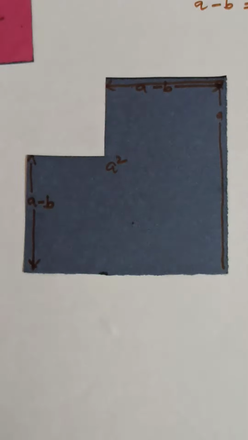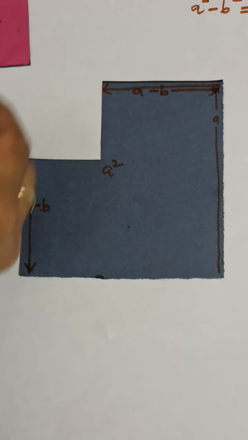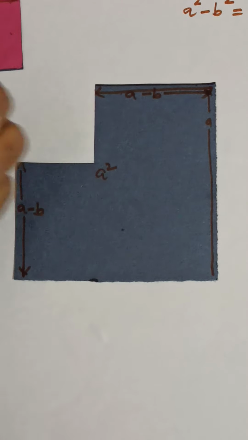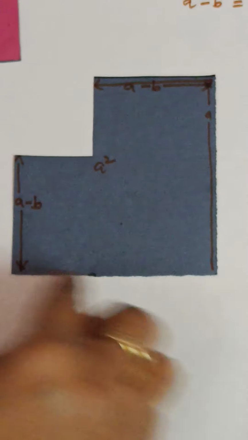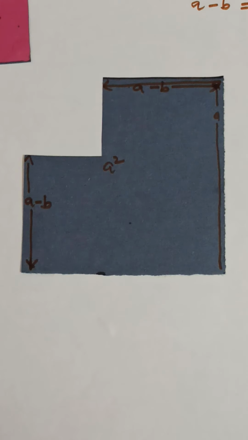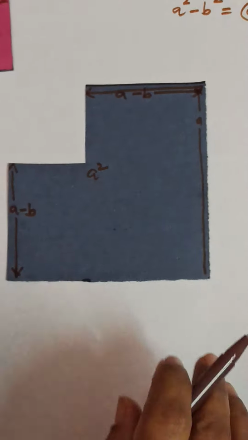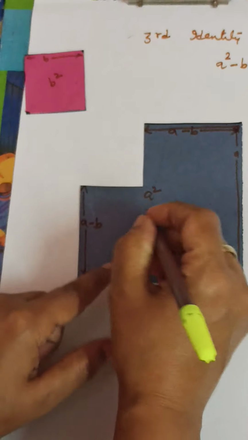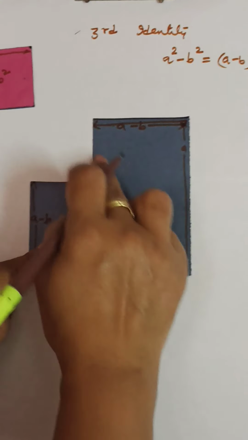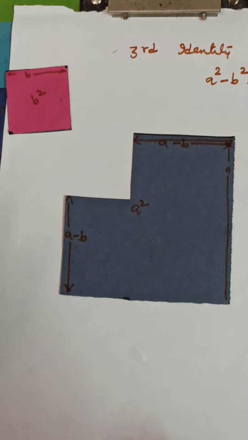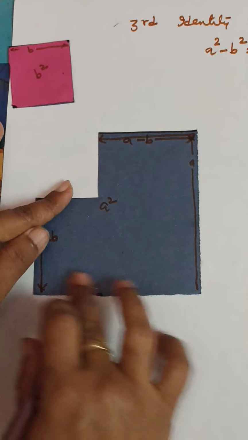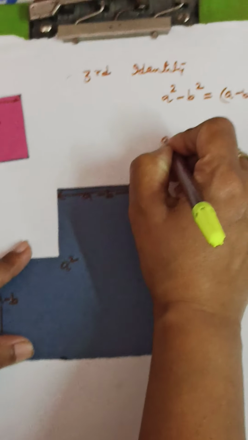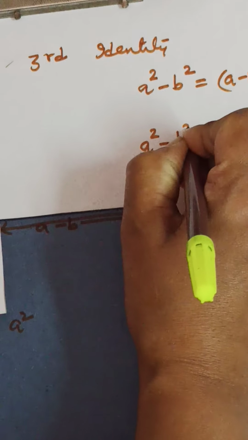So the remaining area is A square minus B square. The remaining L-shaped figure has area A square minus B square. So the area of this sheet is A square minus B square.